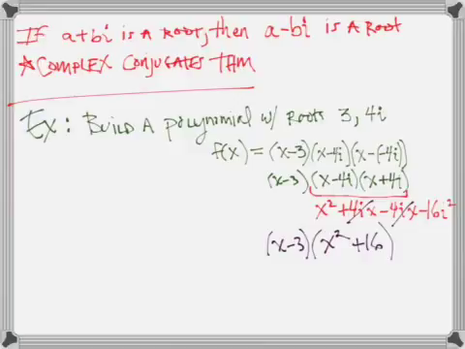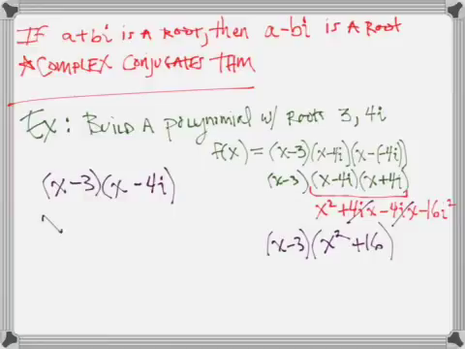How were you able to add, you call it the conjugate, for the 4i? How was I able to? Yeah. Okay. Let's say that I just did it like this. X minus 3 times x minus 4i, right?